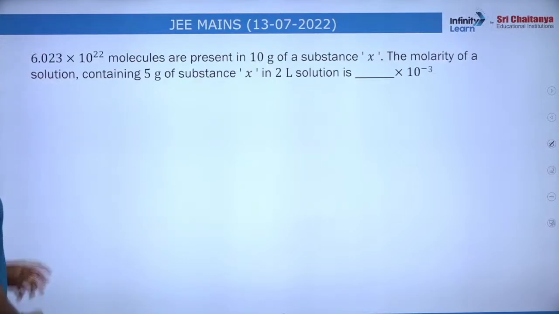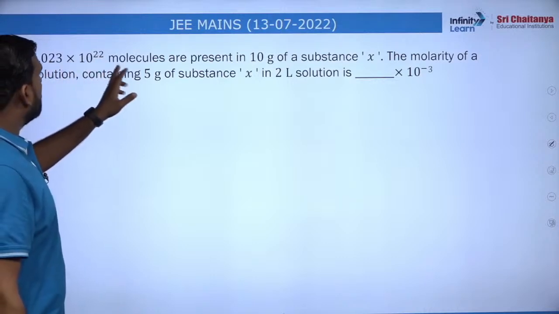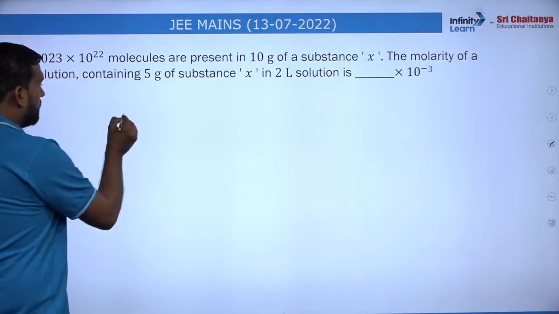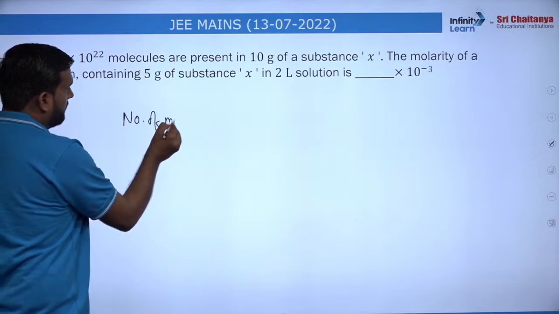So the question is: 6.023 into this much molecules are present in 10 gram of a substance. If the number of particles is given, you have to find the number of moles from it.